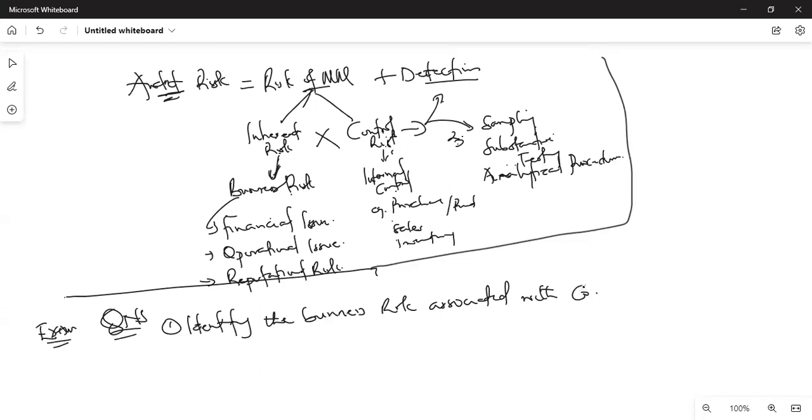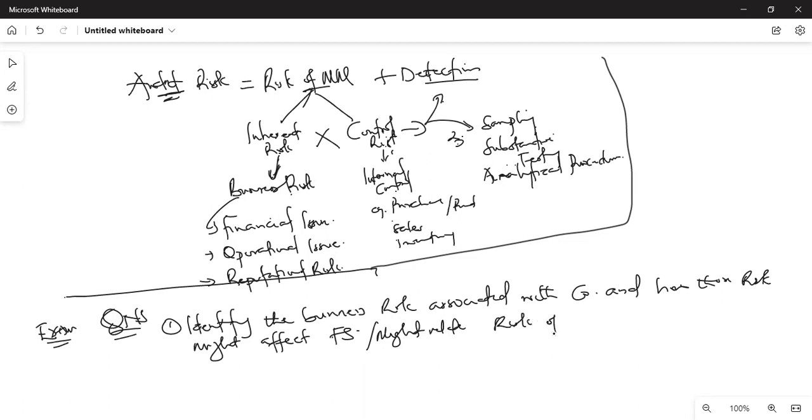And they will ask you to identify the business risk of the company, and also show how those business risks might affect the financial statement, all right, or how those risks might relate to risk of material misstatement. That is the first type of question you get in there.